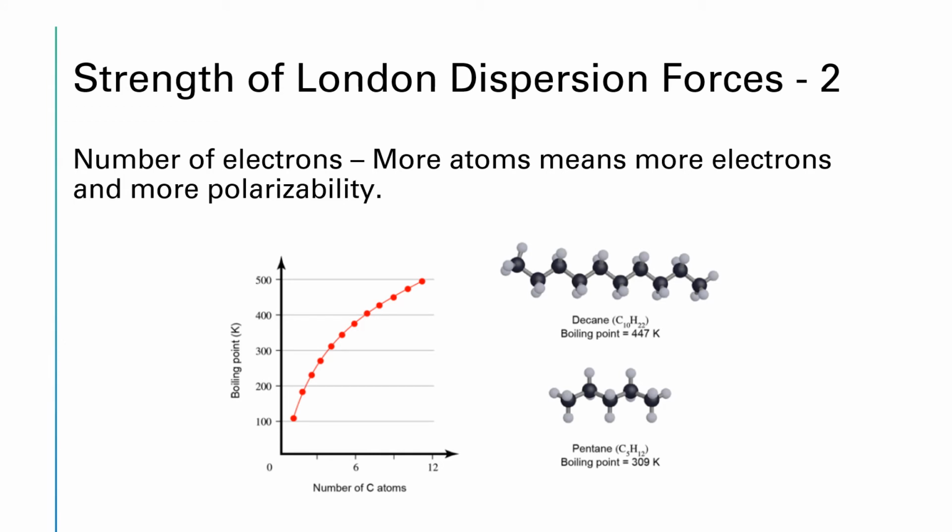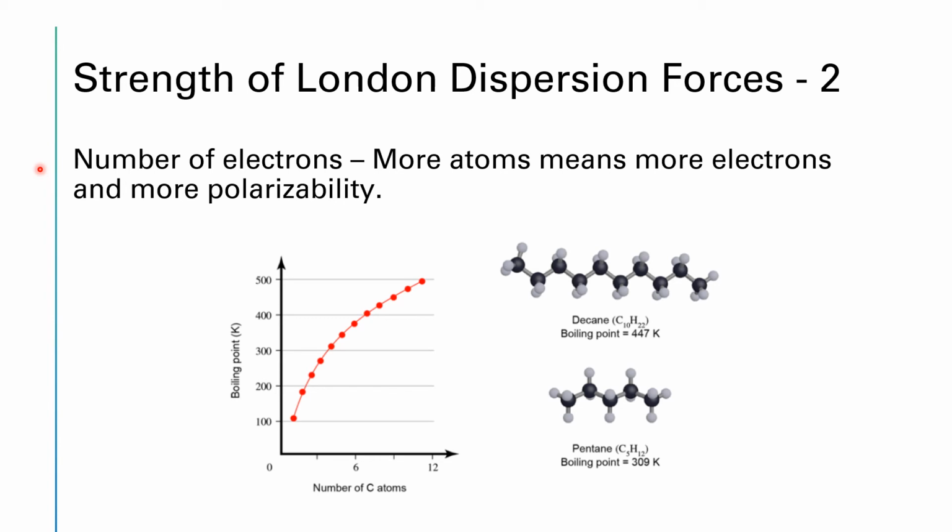The strength of London dispersion forces also depends on how many electrons are present. More electrons means more polarizability, and that goes hand in hand with having more atoms in your molecule.